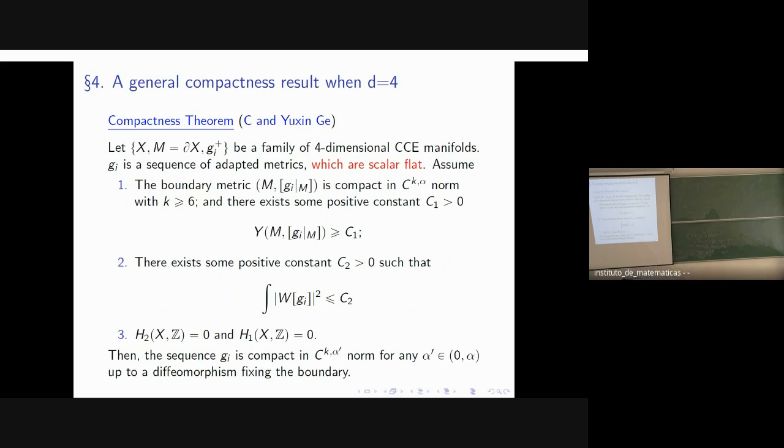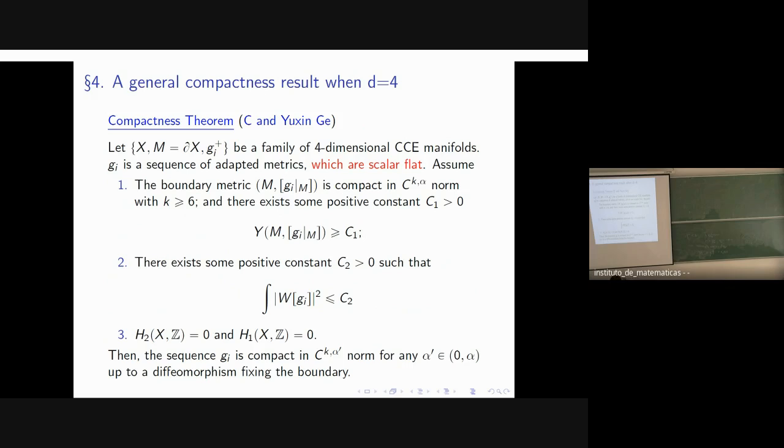Okay, so recall what this adapted metric is. Let me follow the transparency and explain why I choose the scalar flat adapted metric now. In the proof, there are three ingredients.